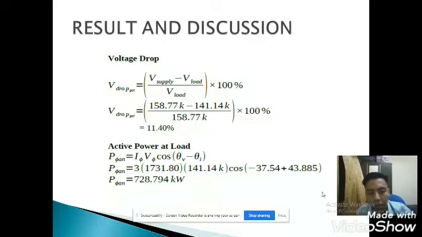So it is equal to 3 times 1731.80 times with 141.14 kilo cos negative 37.54 plus 43.885. So that's equal to 728.794 kilowatt.